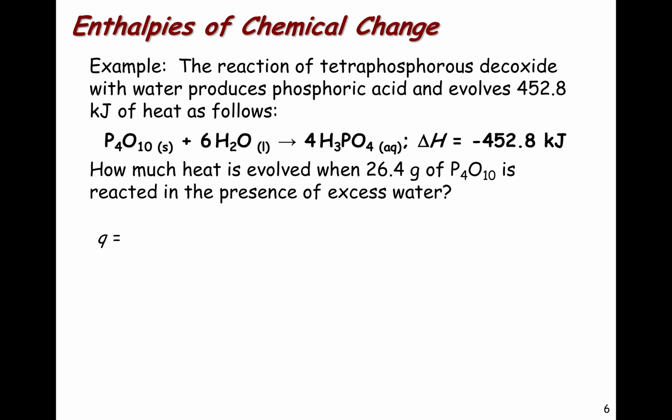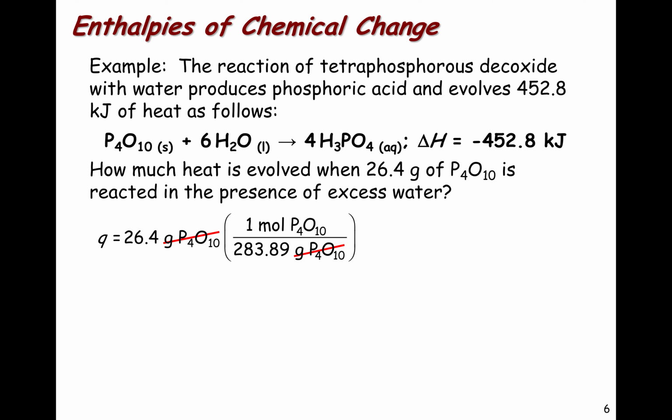So again, we're going to calculate our heat, and we're going to start with the mass of the P4O10. We need to convert that into moles. And so we need the molar mass of P4O10. This is calculated by summing together all the atomic masses of 4 phosphoruses and 10 oxygens. We write this so that the grams will be canceling, and at this stage we have moles of P4O10.